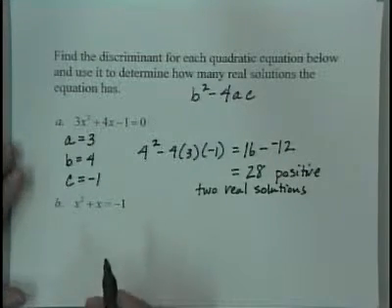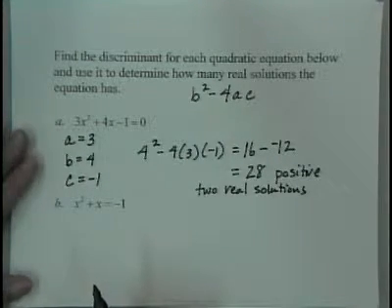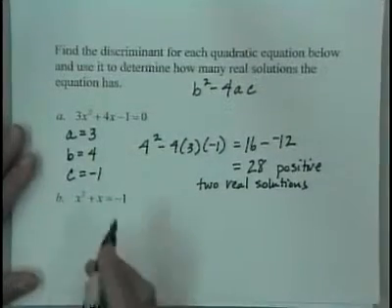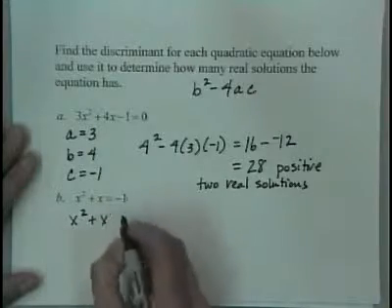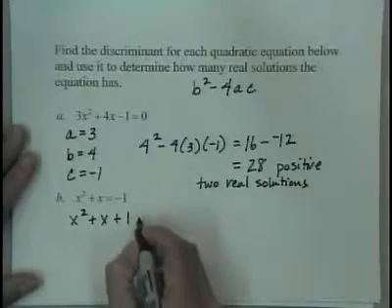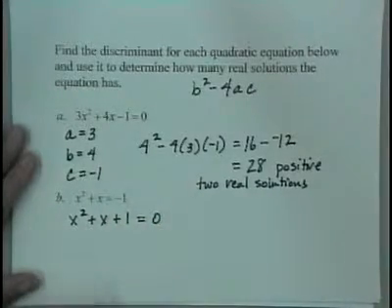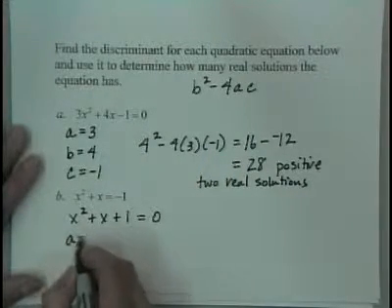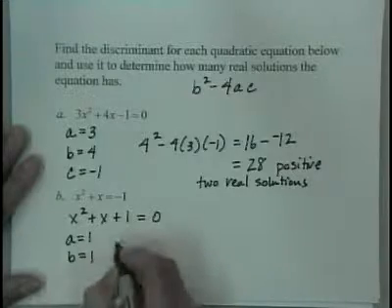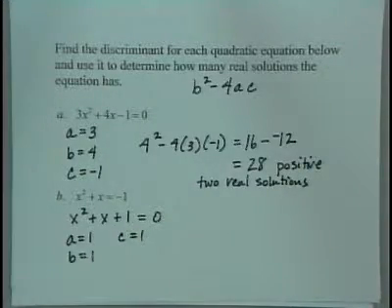Well, our next quadratic equation needs to be put in standard form before we can find the discriminant. Adding 1 to each side, it is the equation x squared plus x plus 1 equals 0. In this equation, a is 1, b is 1, and c is 1.